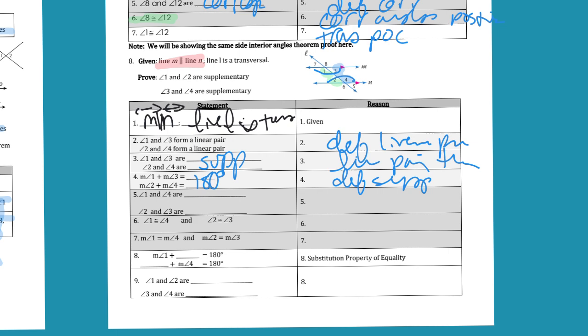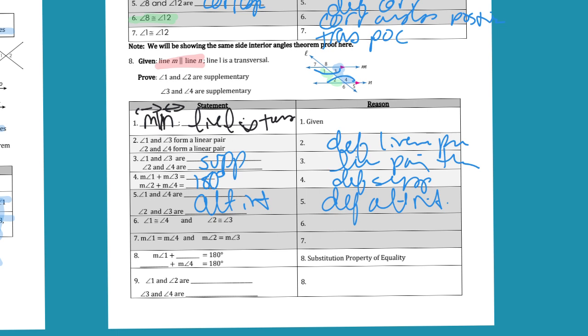The next thing we want to do is link together some more angles. What about angles 1 and 4? How are they related to each other? Well, they're alternate interior angles. How come? Definition of alternate interior.